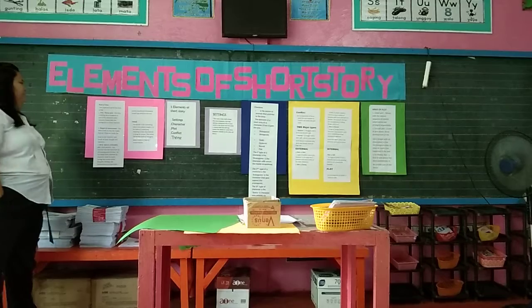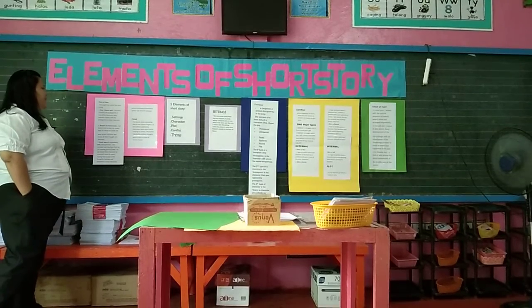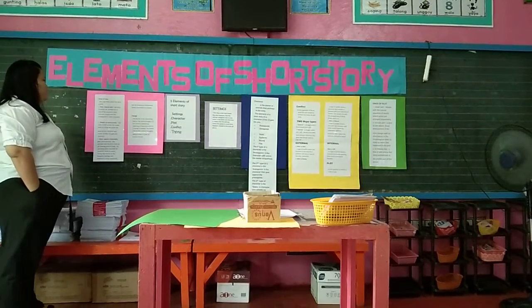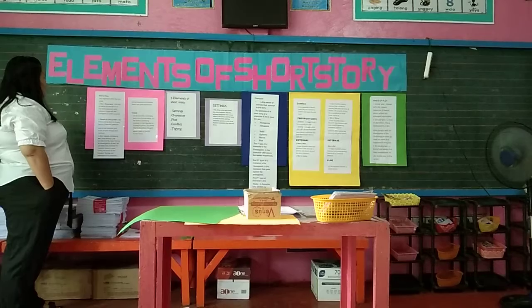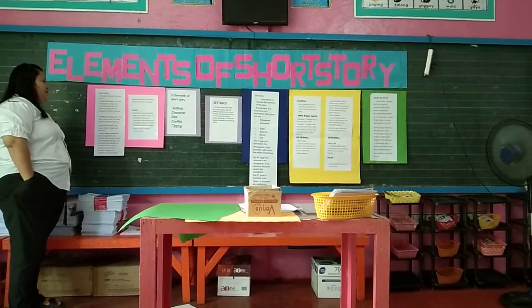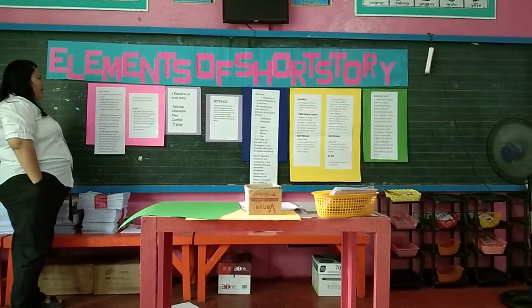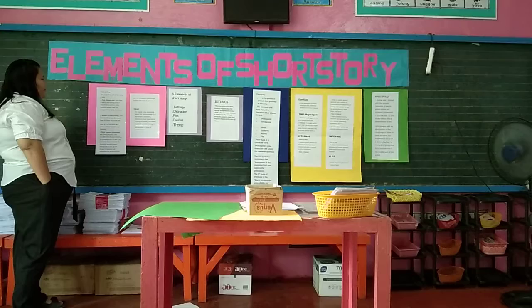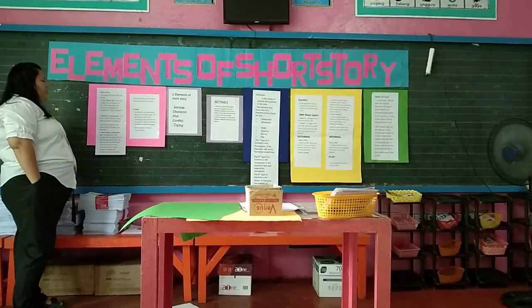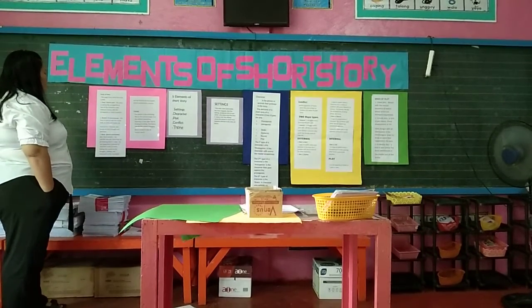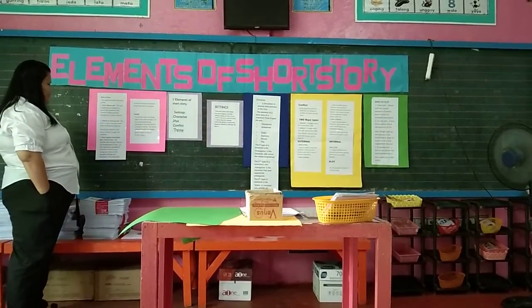Read after me. Point of view, the angle from which the story is told. First is first-person point of view. The story is told by the protagonist or one of the characters who interacts closely with the protagonist or other characters.